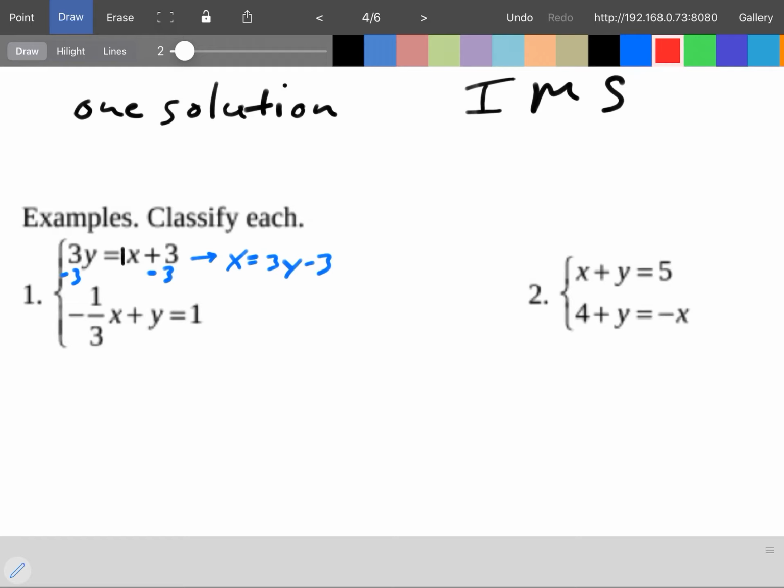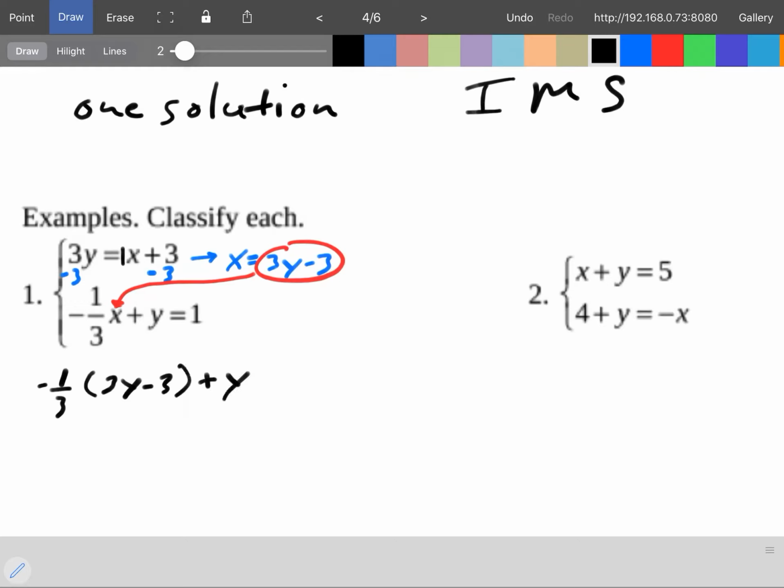All right, well then if I'm doing substitution, I'm going to take that quantity, 3y minus 3, and plug that in for x in the bottom equation right there. So that's going to look like negative 1/3 times the quantity 3y minus 3 plus y is equal to 1.